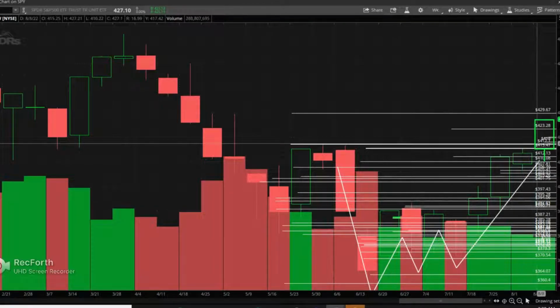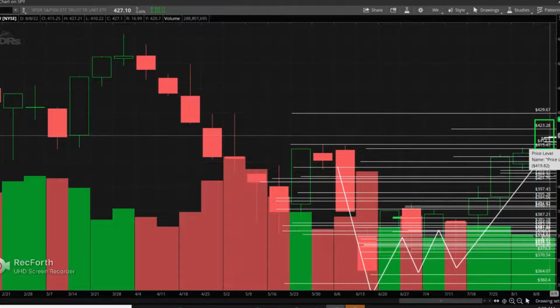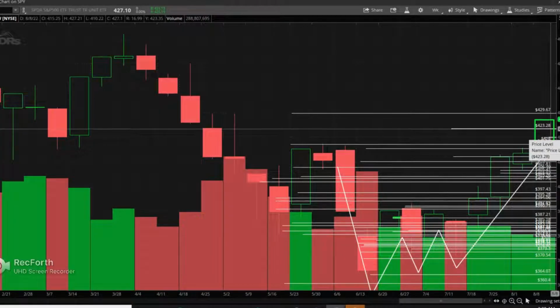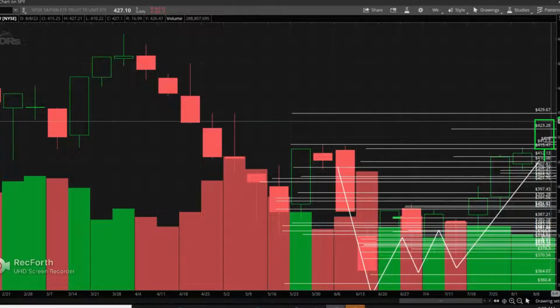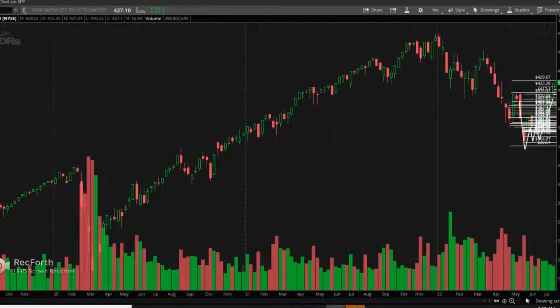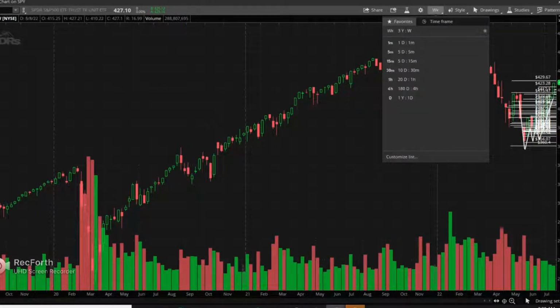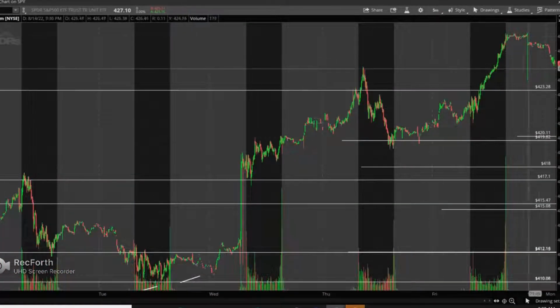I could have gotten a trade down here and swung it for a couple days, and I know I would be good because it went up for a whole week. This week it opened at 415 and it closed at 427. So you could have held that position for a couple days and been good because overall it was going up. So swing traders use higher time frames.